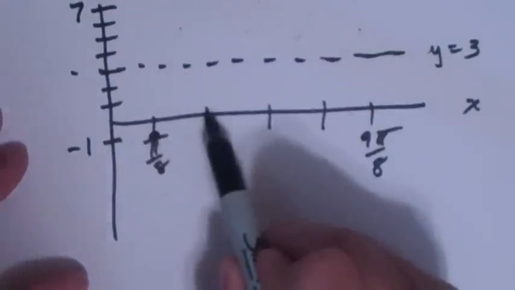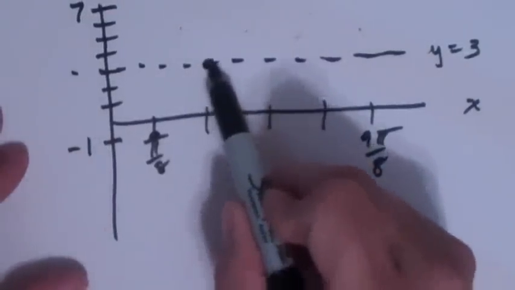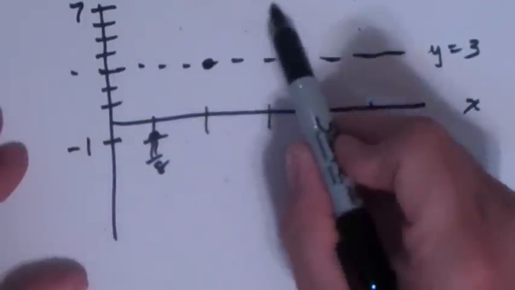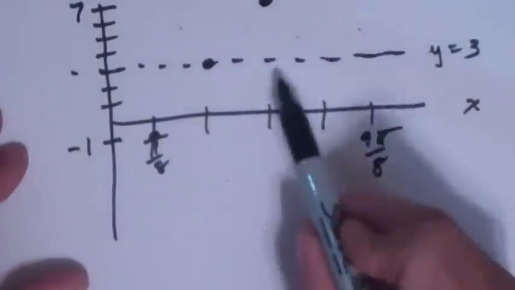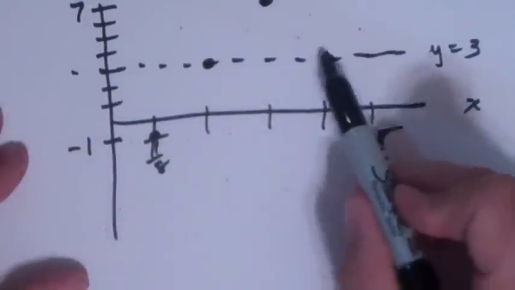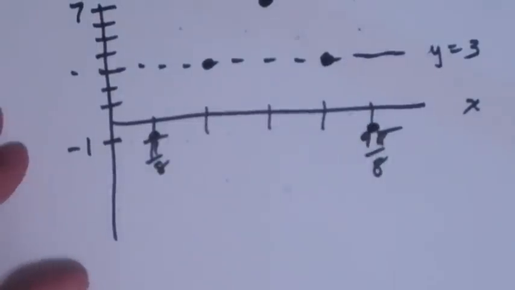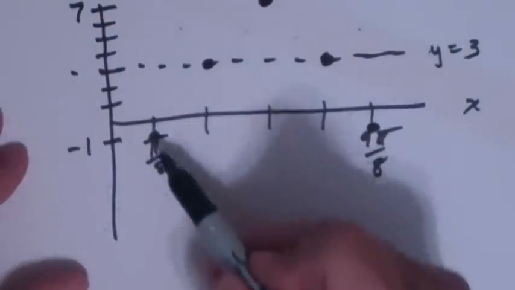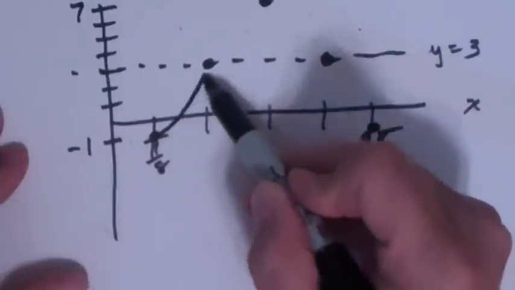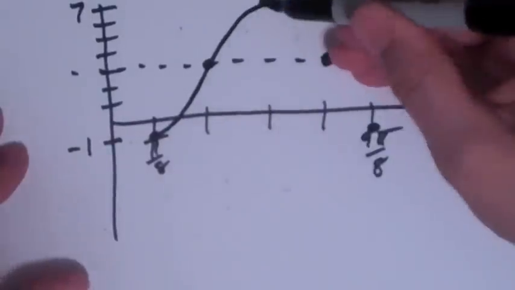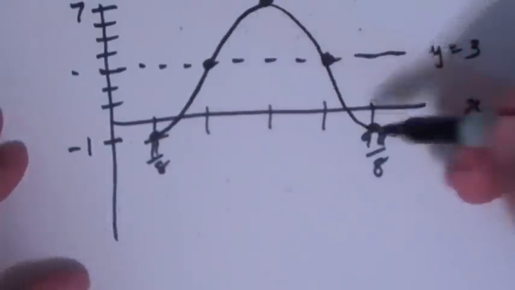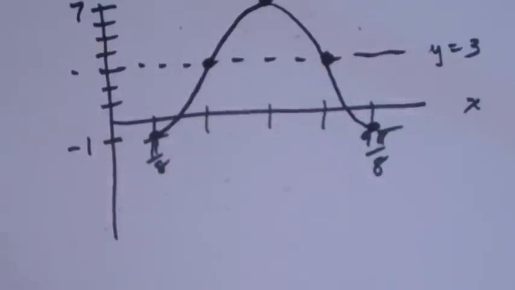Then the next quarter point is going to go to the axis, then the next quarter point I'm going to go to the max, and then the next quarter point I'm going back to the axis, next quarter point here at the min. Now I connect this, so here's the wave. There you go. So there's your basic shape.